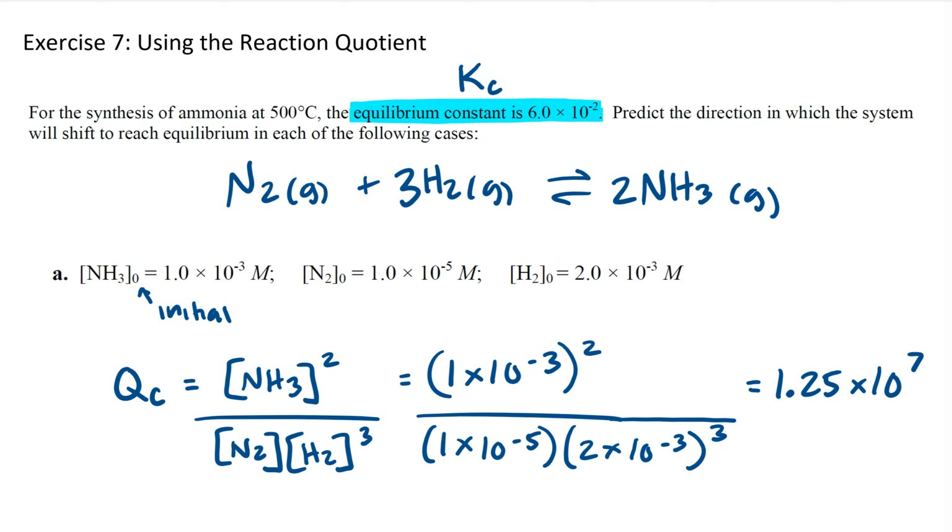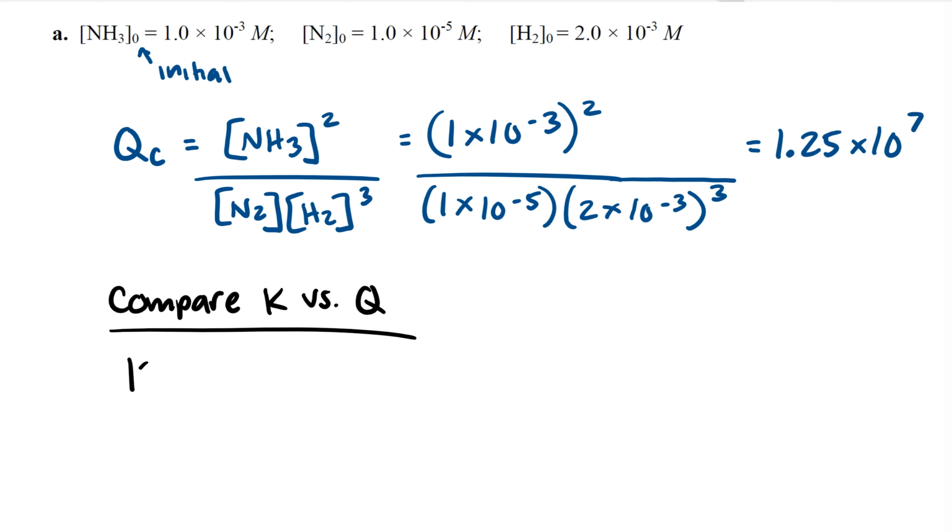Now, to determine if this is at equilibrium, I compare K to Q. So the Kc given to me in the problem was 6.0 times 10 to the negative 2. The Qc that I just calculated is 1.25 times 10 to the 7th power. And so that means Kc is less than Qc.